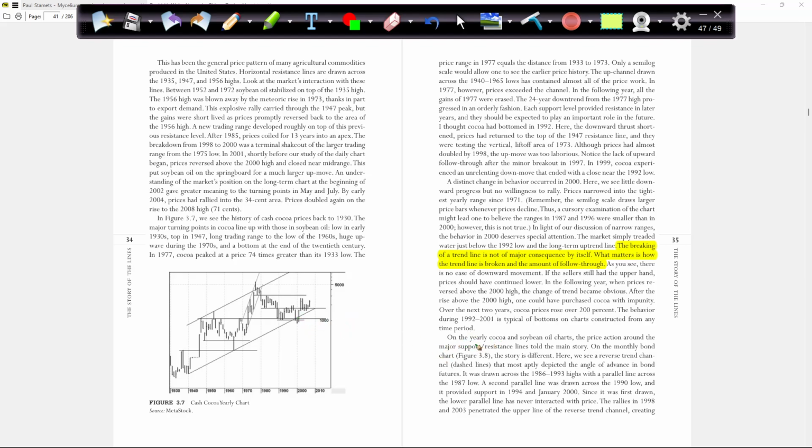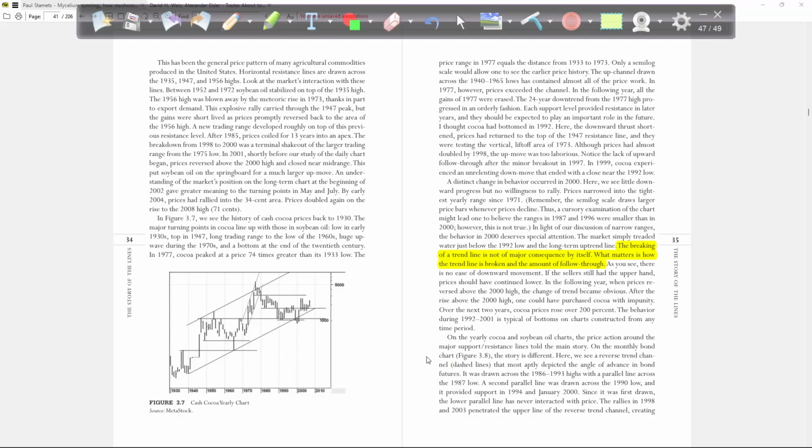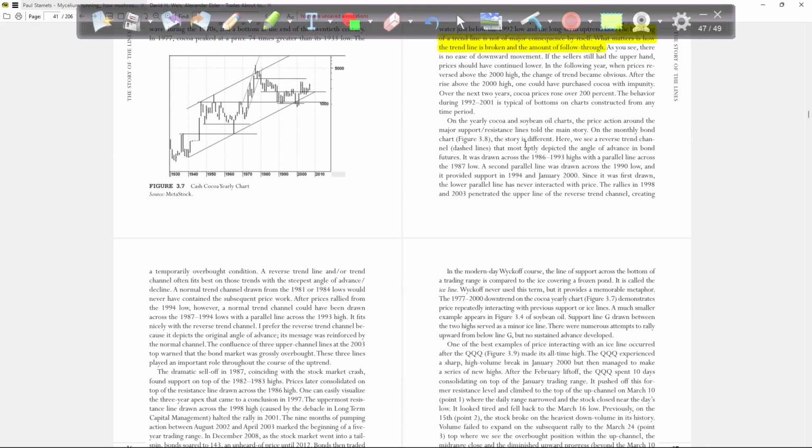On the early cocoa and soybean oil charts, the price action around the major support or resistance lines told the main story. On the monthly bond chart, figure 3.8, the story is different. Here we see a reverse trend channel.